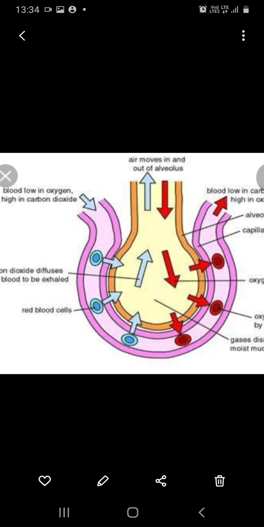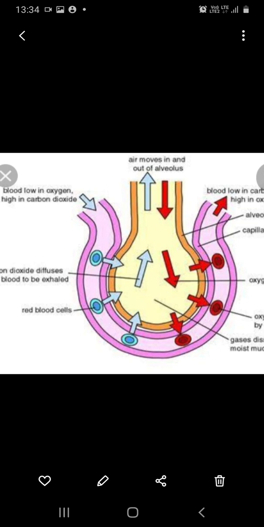The blood flow is low in oxygen and high in carbon dioxide. Because it is low in oxygen, it is shown by blue color, and because it is high in carbon dioxide, we show oxygen-rich cells as dark red colored cells.